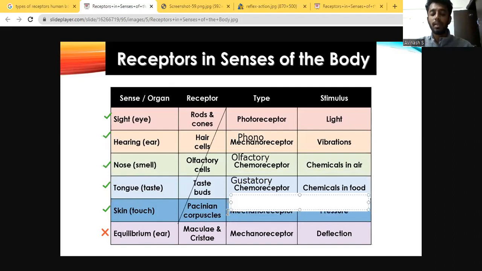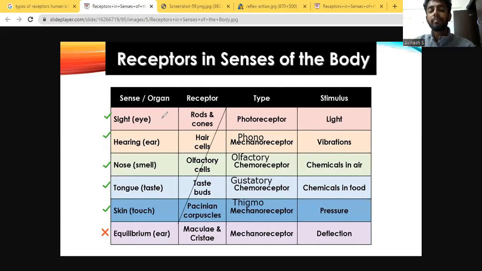This is sometimes called the thigmoreceptor. These are other names. None of this is given in the textbook, but we are trying to understand all of this before we get into the concept, so that we get an understanding and can proceed to the next level of ideas.